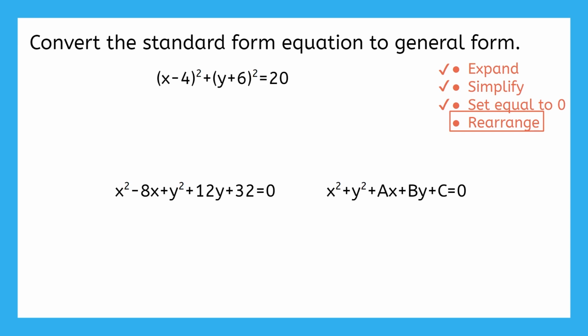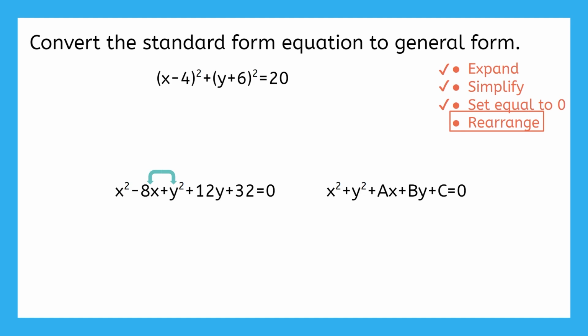To be in general form, the x squared term has to come first. In our equation, x squared does come first, so far we are on the right track. Next has to be the y squared term. Ooh, our equation does not have the y squared second. It has the x term. That means we're going to have to move the y squared term over. Pause the video now and rewrite this equation with y squared and minus 8x swapped.